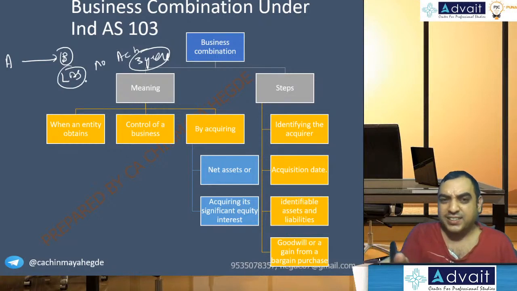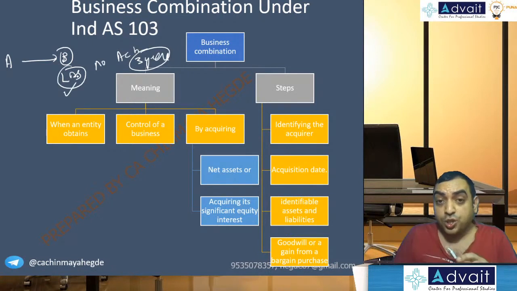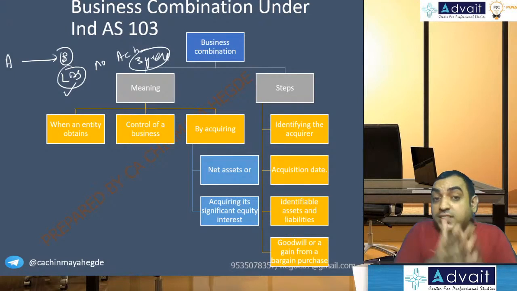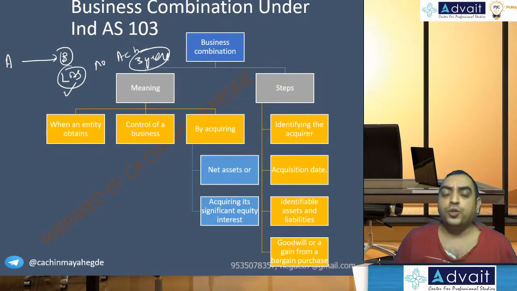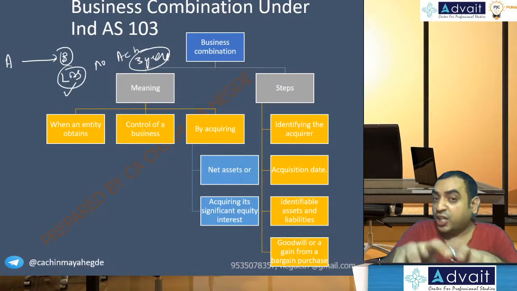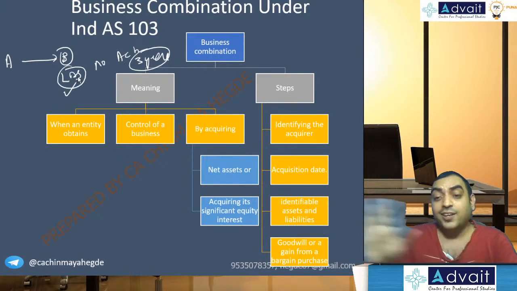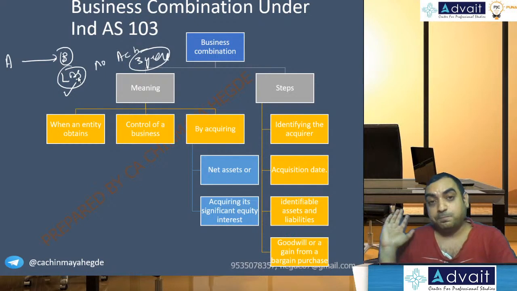They have some scrap value assets and they have some loss, so you can set off. So the intention of A Limited is not to do the business of B Limited. I'm not taking over business, I am taking over the assets. Ind AS 103 doesn't apply.